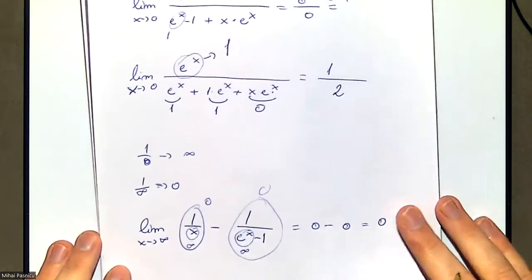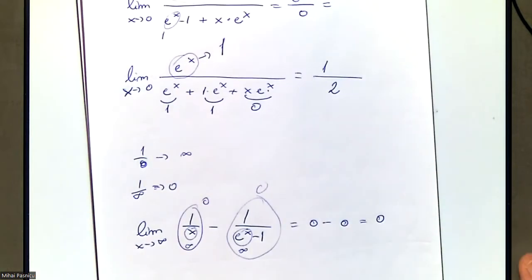Now, why am I saying that it's always so important to first evaluate and then do all the stuff that you're planning to do? Because if you try to evaluate the fraction, e to the x minus 1 minus x over x times e to the x minus 1, what are you going to get?